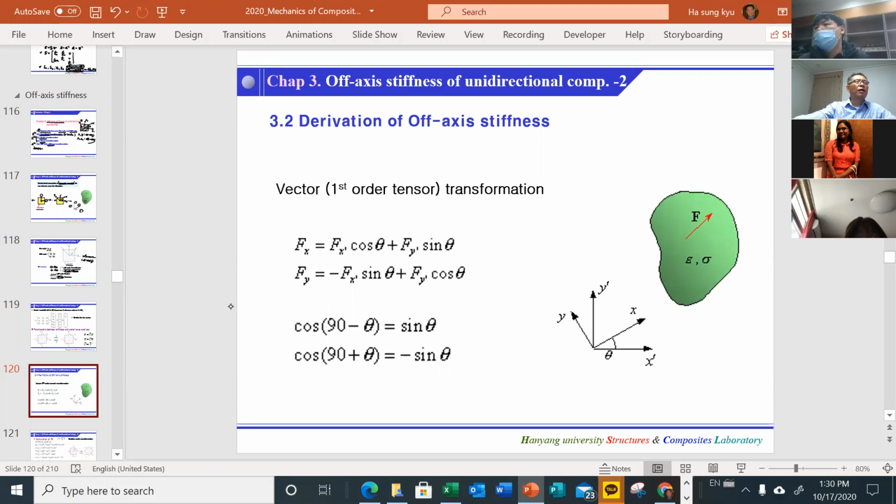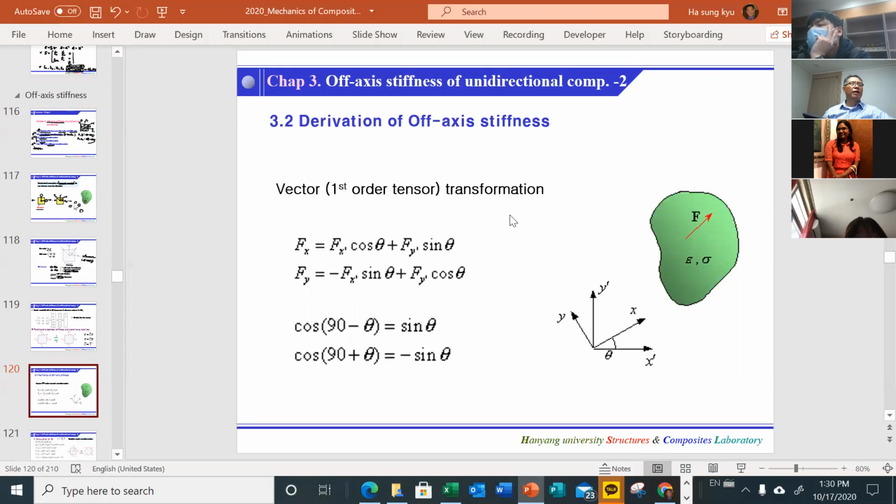Now, let's try to understand the vector transformation. We used to study this in undergraduate, and this is the fundamental starting point of understanding coordinate transformation and even the concept of the tensor.